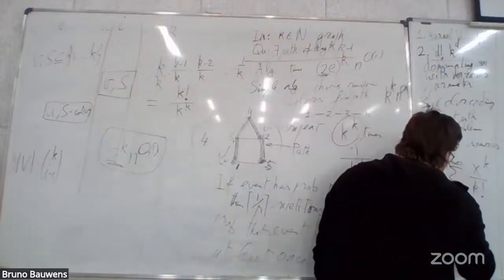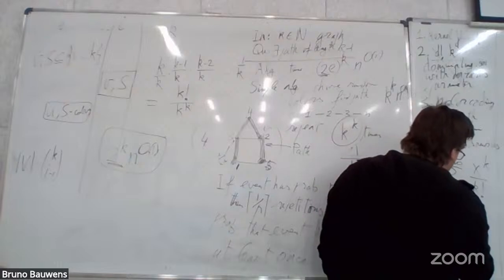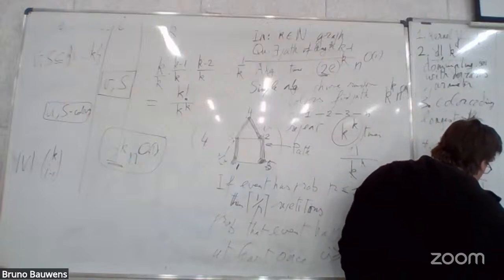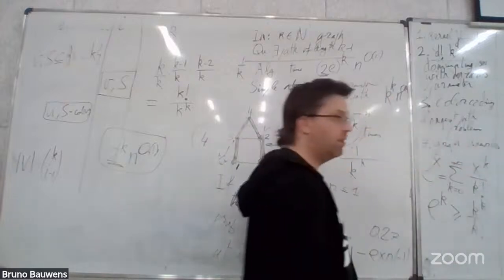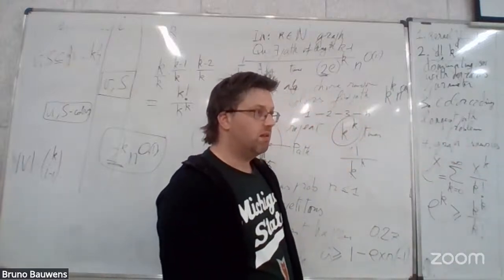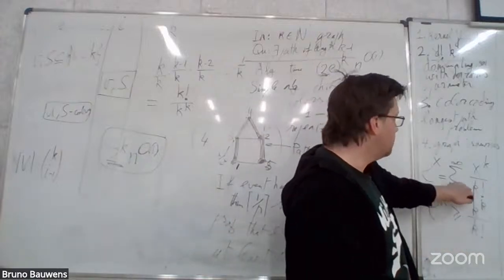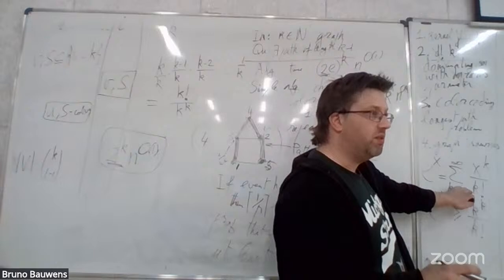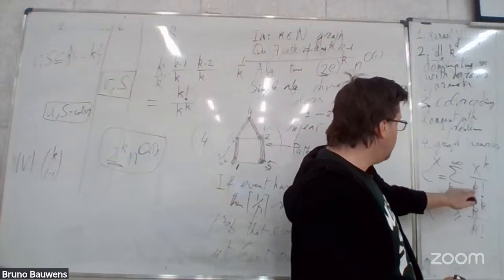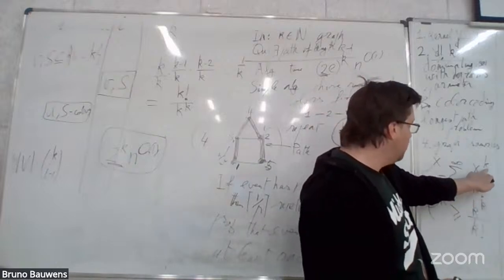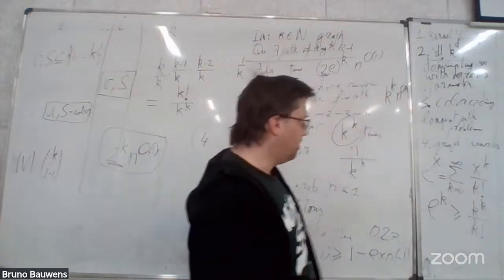And this has a good consequence. It implies that e to the power k must be bigger than k to the power k divided by k factorial. And actually, it's a pretty good approximation. In the whole sum, the most important term is when we set x equal to k.